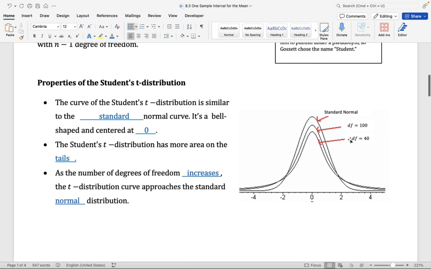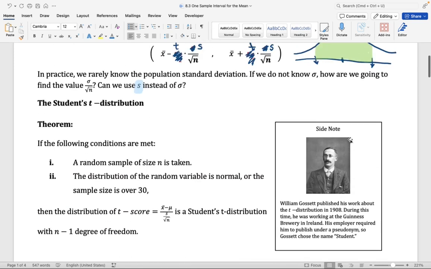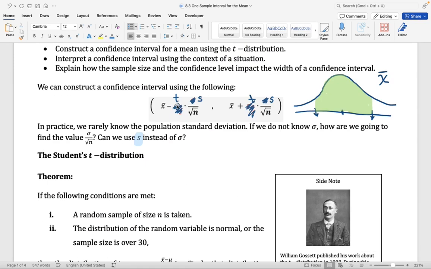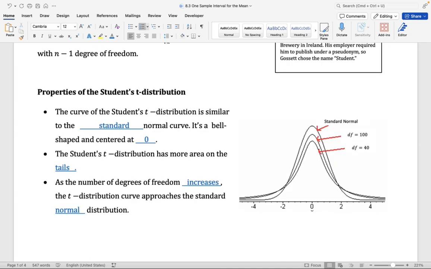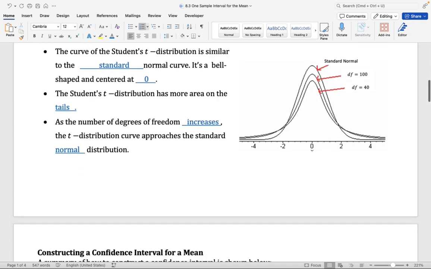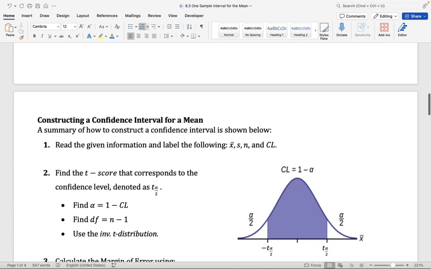Okay? So again, when we're constructing a confidence interval, we're now not going to have the value of sigma, so we're going to need to use S, the standard deviation of the sample, and we're going to need to use t-scores. Okay? So let me give you the main steps we take to construct a confidence interval.